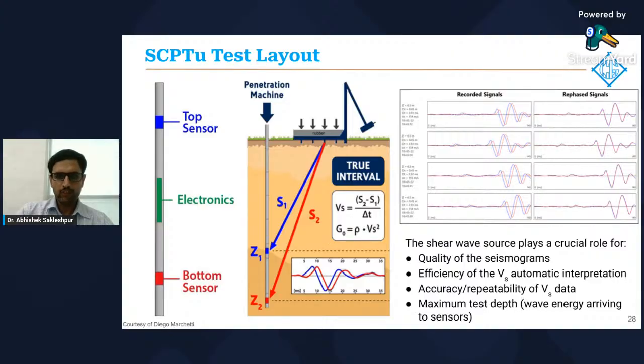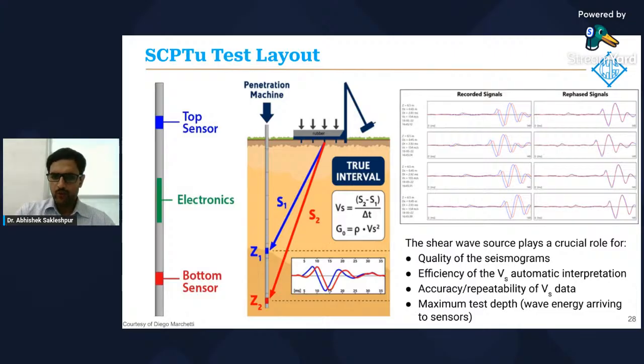And the way shear wave velocity is calculated is by taking the difference in the distances divided by the difference in the arrival times. Once we get the shear wave velocity, we get the small strain shear modulus using this equation. Here on the right-hand side, we can see various seismograms collected at different depths.